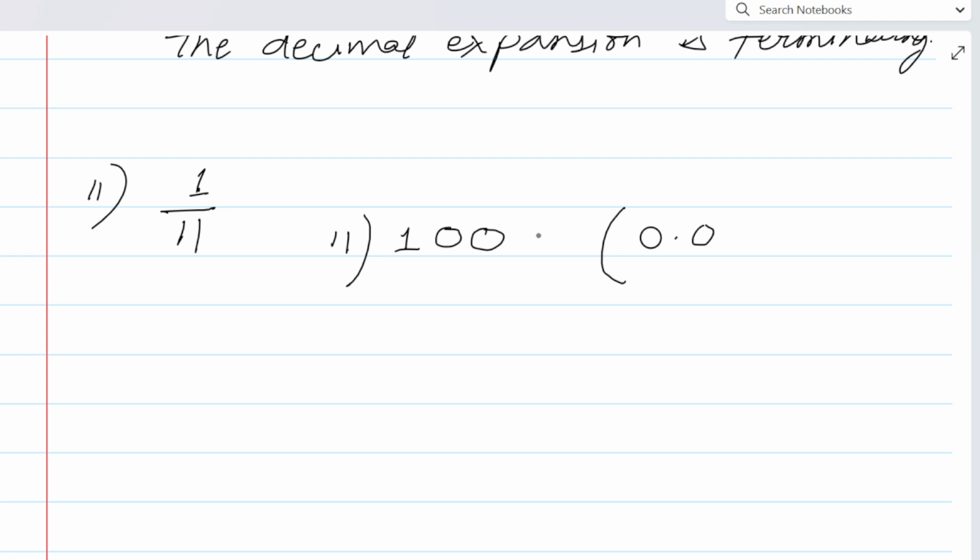Two steps to be understood here. People have done it in many ways, but I'll show you the shortcut way and the way which you can understand easily and remember forever. So first, you cannot divide 1, so take 1 0. For that, 1 point, 1 more 0. Now I think you can divide 11 by 9.